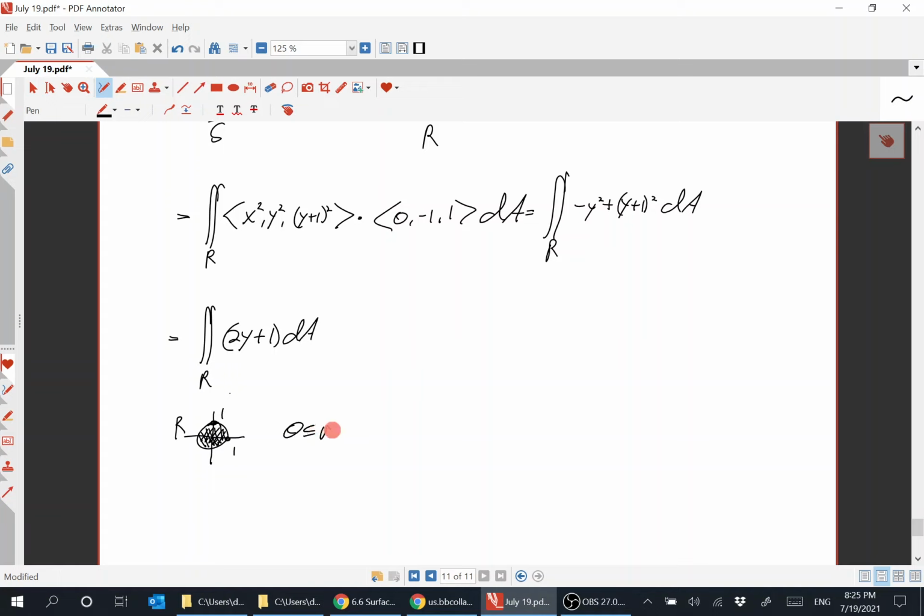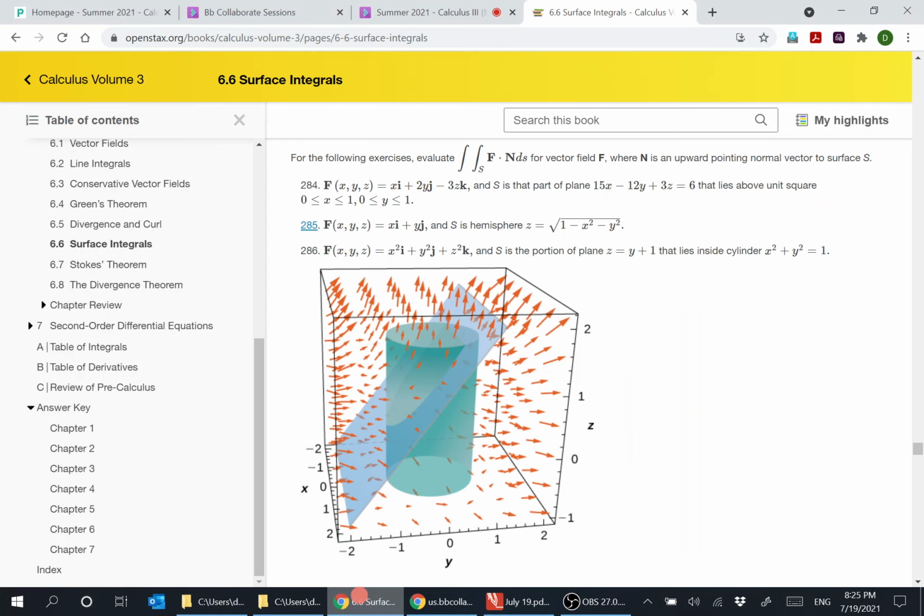So that's 0 less than or equal to r less than or equal to 1, 0 less than or equal to theta less than or equal to 2 pi, right? You're going to have to convert to polar coordinates here. Can't really see any other way to do it.